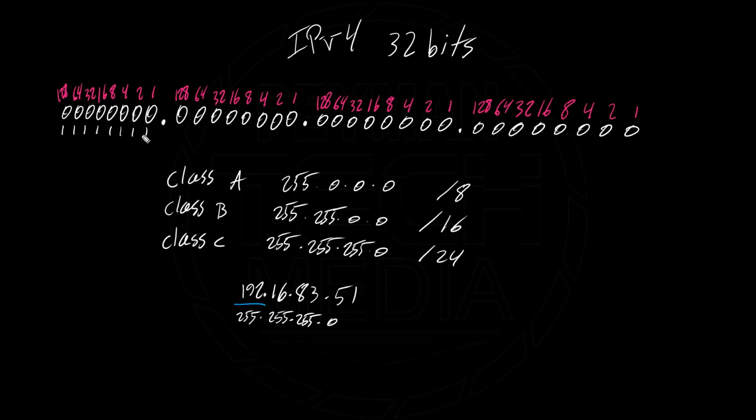In previous videos we talked about how we can convert binary to decimal. This is the decimal notation, and here we are writing the binary format of these decimal numbers. So 255, 8 ones: 128 plus 64, 32, 16, 8, 4, and so on. If we add all these numbers, it should be 255.